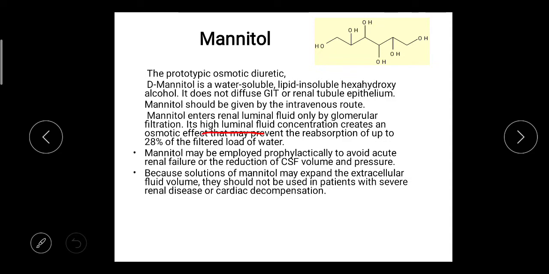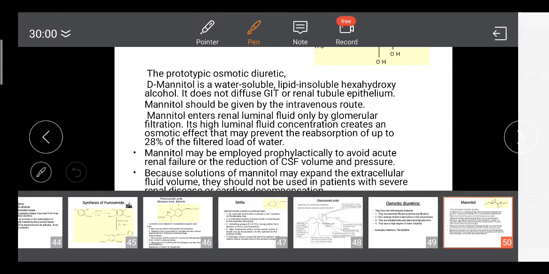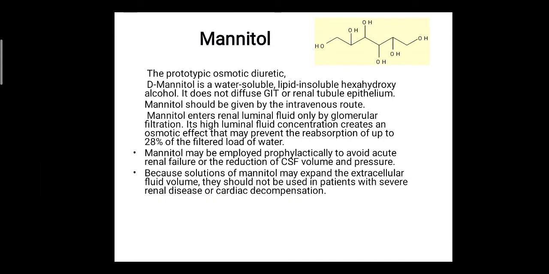Mannitol enters the renal tubular fluid only by glomerular filtration. At high luminal fluid concentration it creates an osmotic effect that may prevent the reabsorption of up to 28% of filtered water.